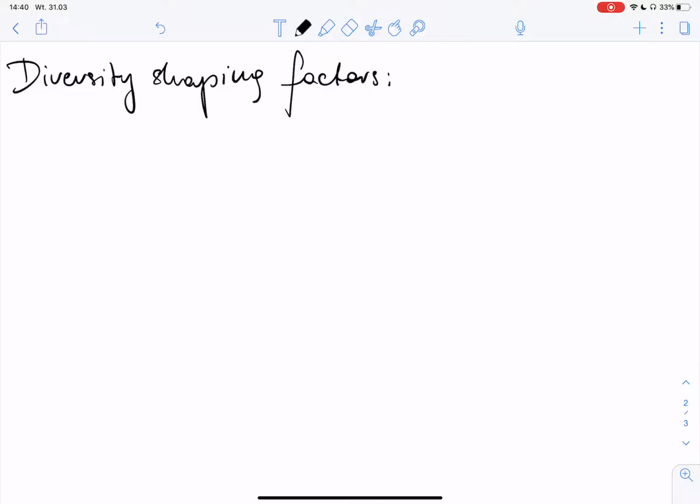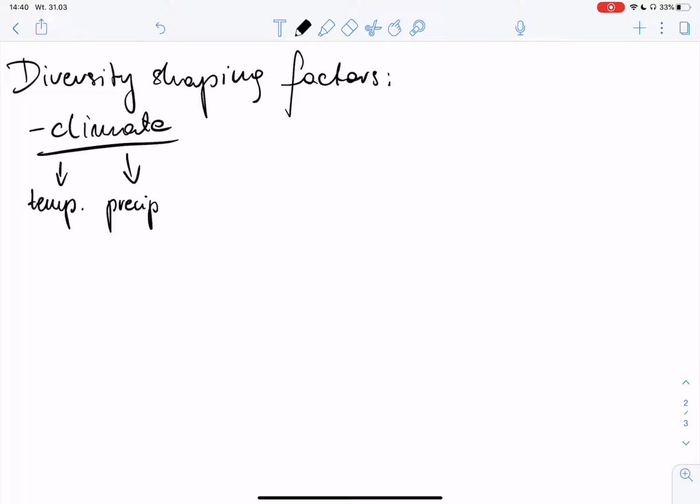And guys, unfortunately and undoubtedly, climate is one of the most important, and especially the parts of it, such as temperature, precipitation, so the amount of rain, and also the insolation, which is the amount of energy that is reaching the surface of Earth.